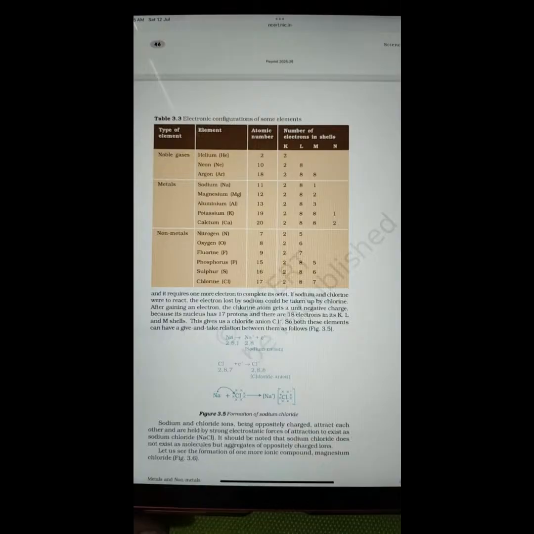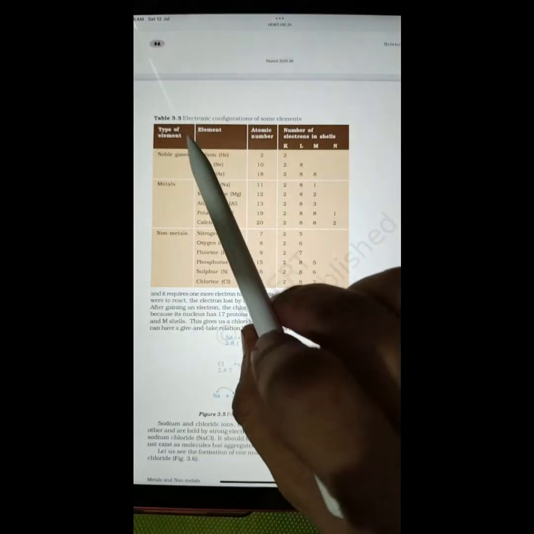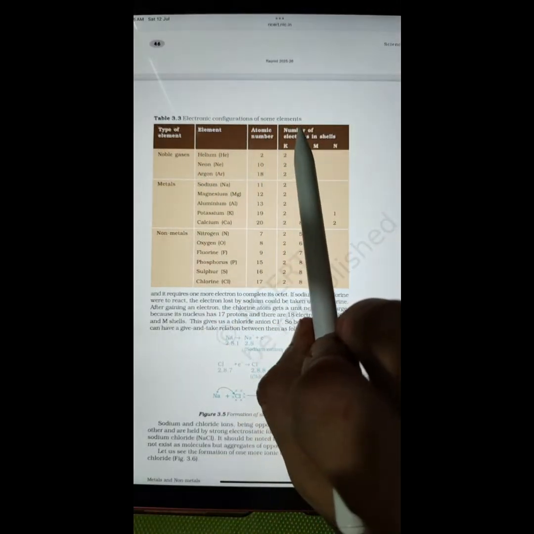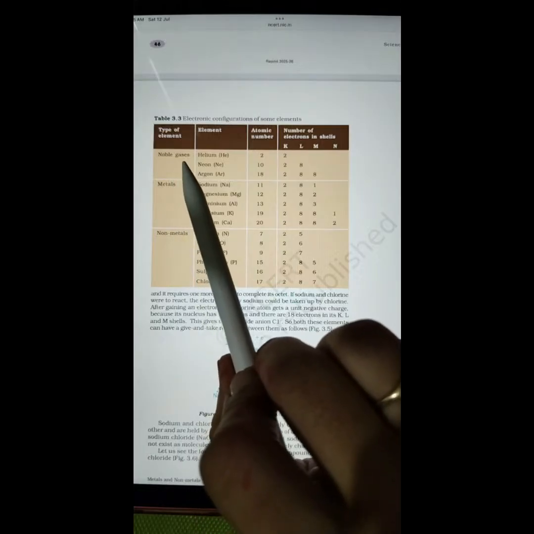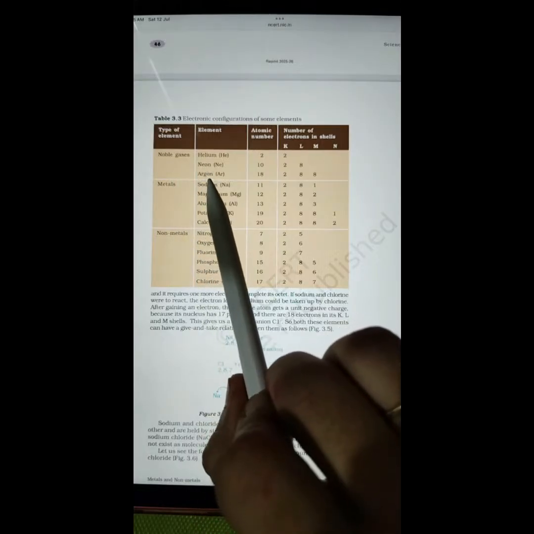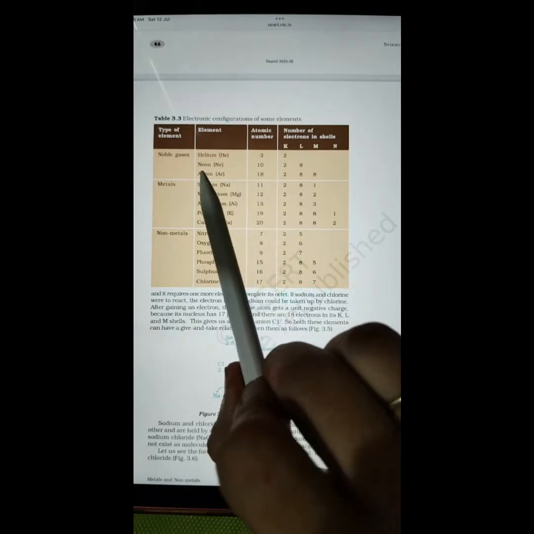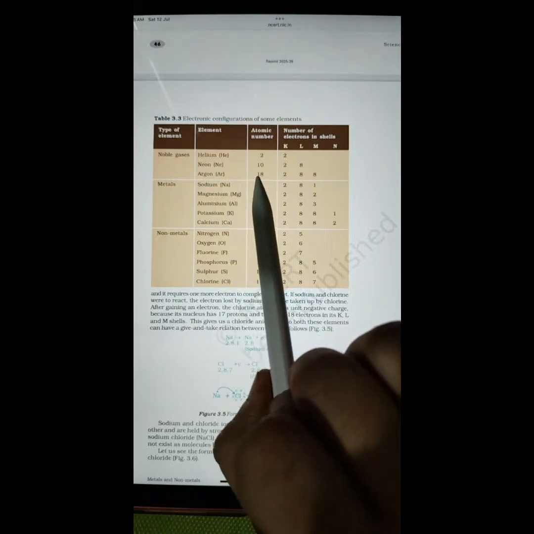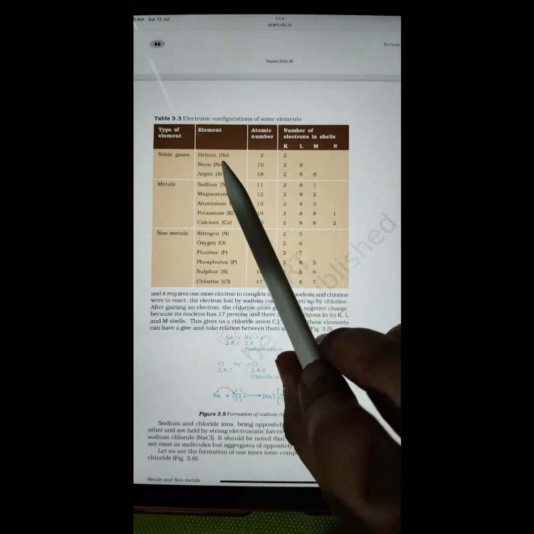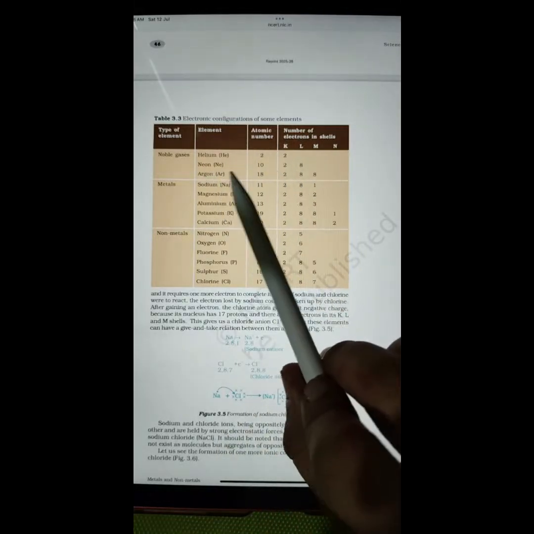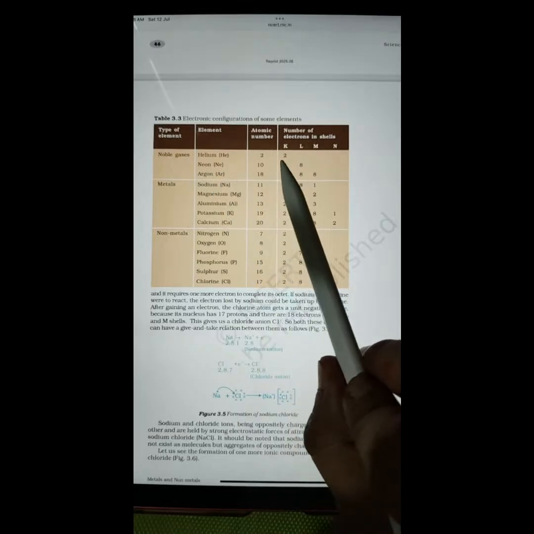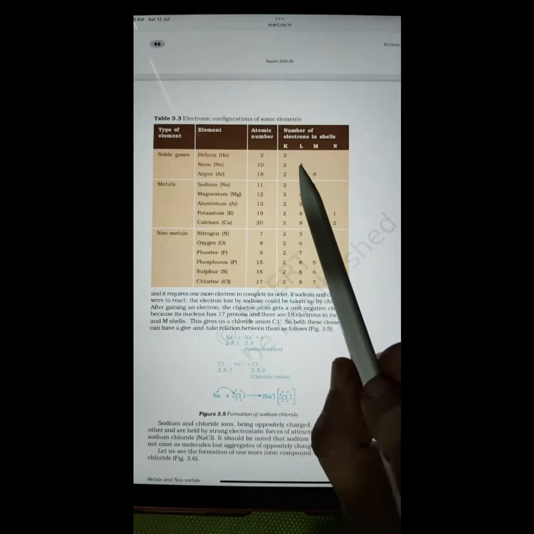Next page. Table 3.3 is showing you the electronic configuration of some elements. Noble gases are helium, neon, argon, and the atomic number of helium is 2, neon is 10, argon is 18. So the number of electrons in the helium K shell will be 2. In the case of neon, in the K shell it will be 2, in the L shell it is 8.